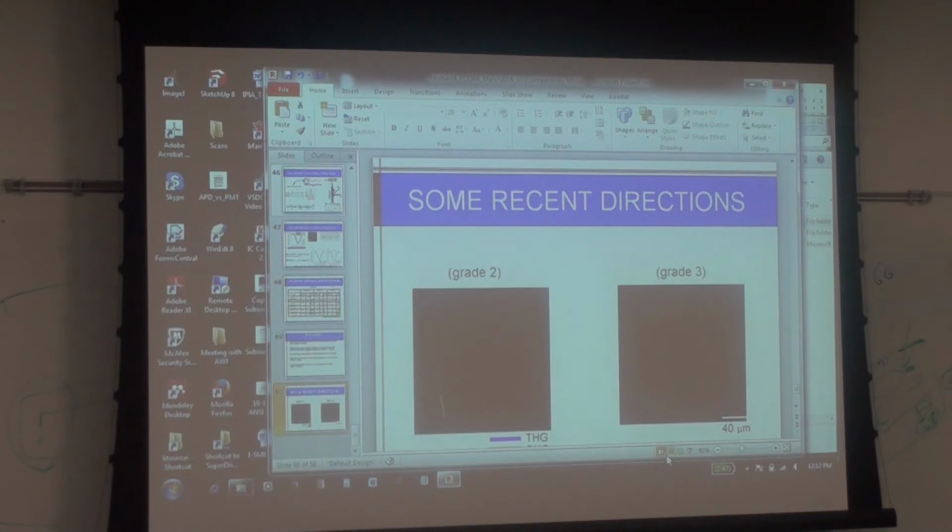The second harmonic signal, though, is a much rarer process than fluorescence. So fluorescence is at least 2 or 3 orders of magnitude more intense than second harmonic. The strength of the second harmonic, especially now, is that you have a lot of people in biology who are interested in mechanobiology. They're interested in the extracellular environment. What's this? These cells are nested in stuff. Turns out they're collagen fibers.